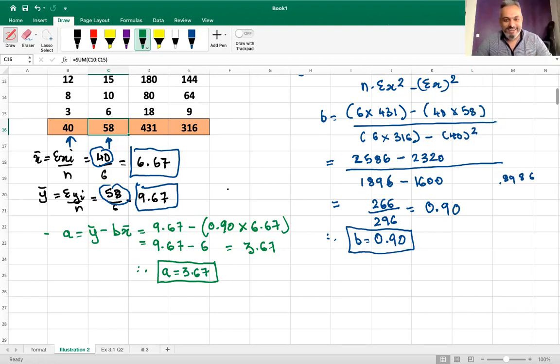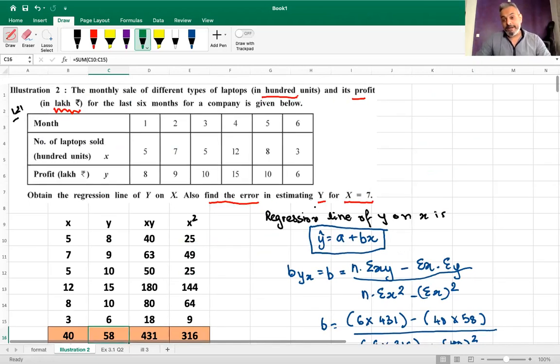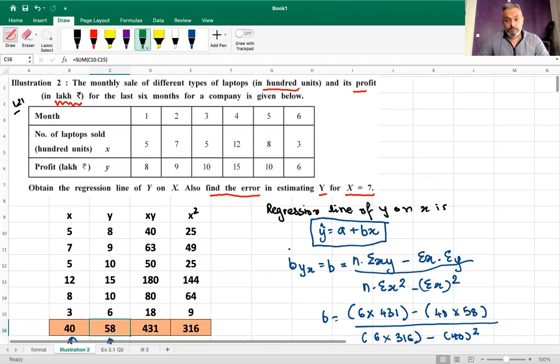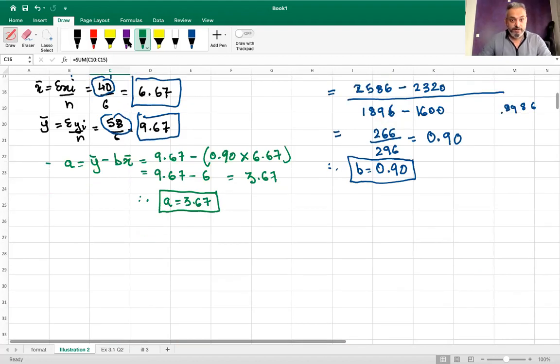Now, find the error in estimating y for x is equal to 7. So first putting x is equal to 7 in the equation, let's first write the final answer.